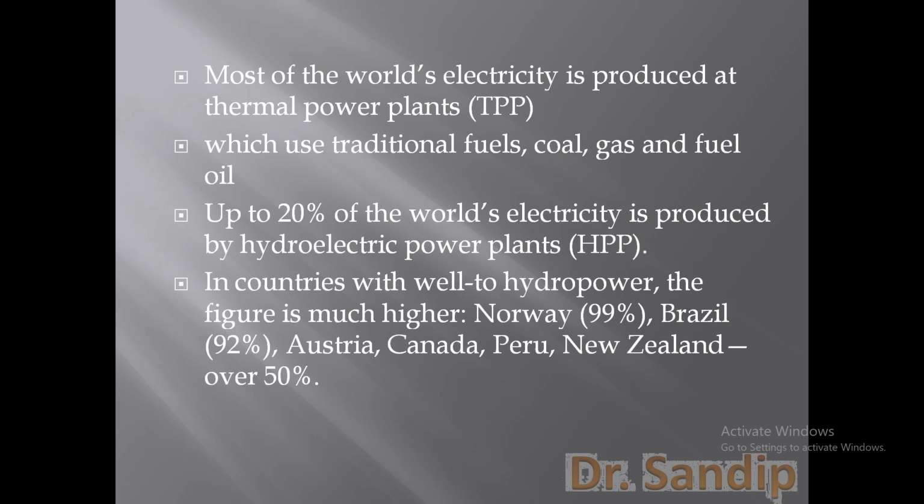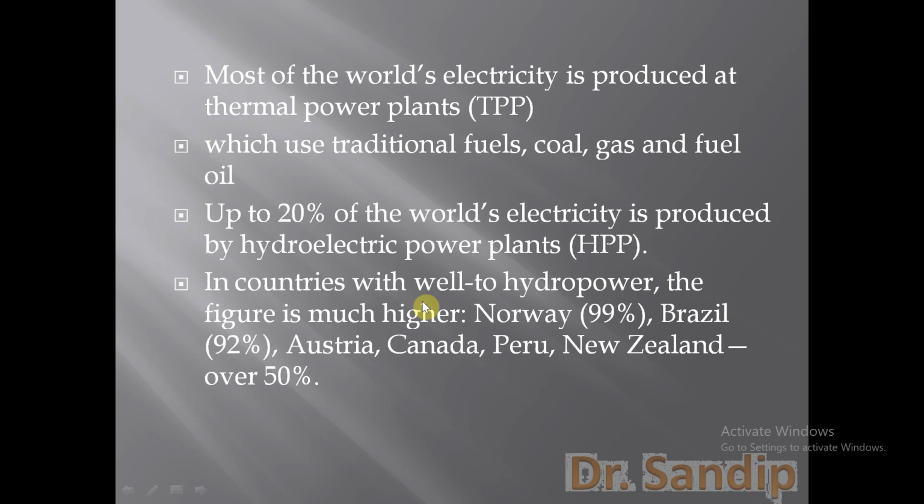Now, most of the world's electricity is produced at thermal power plants, so that's the maximum use, which uses traditional fuels like coal, gas, and fuel oil. Up to 20% of the world's electricity is produced by hydroelectric power plants. So we have got the thermal power plant on the forefront, and then we have got the hydroelectric power plant.